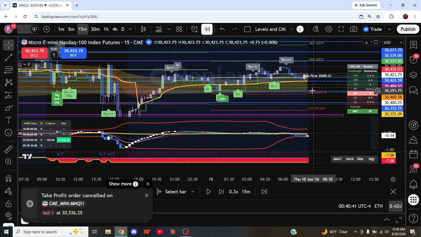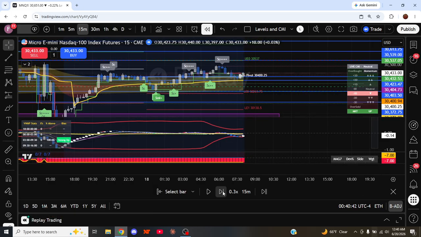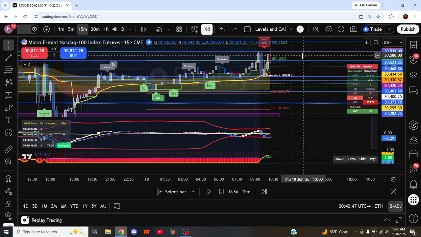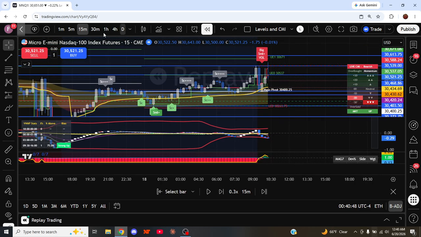So many tags on the 15. So sideways, so choppy. Oh, fuck. Alright, now we're in New York Open. Alright, let's get to the 5. Can already see us pointing down.